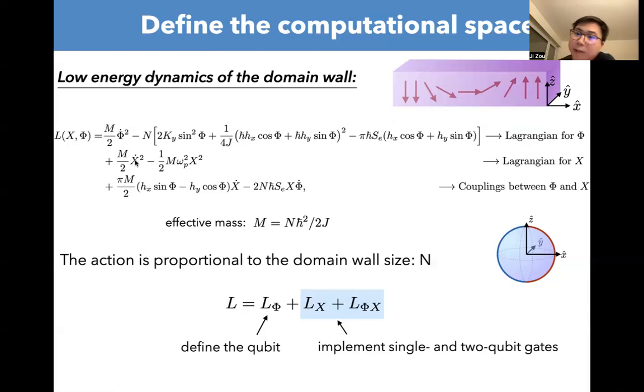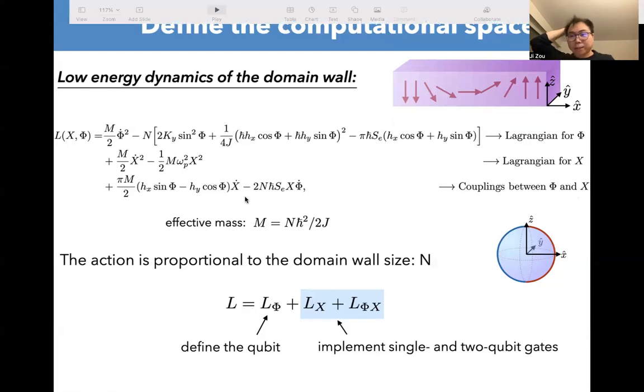Okay, the second line is the action, or the Lagrangian, for the spatial degree of freedom X. Here we add a confining potential for the domain wall with a frequency ωp. The last term is the coupling between X and φ due to the spin Berry phase effect. We have two terms here.